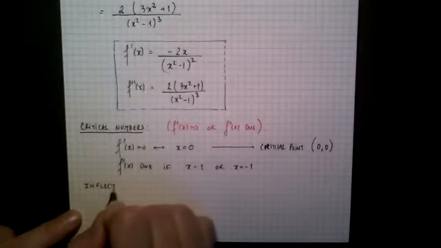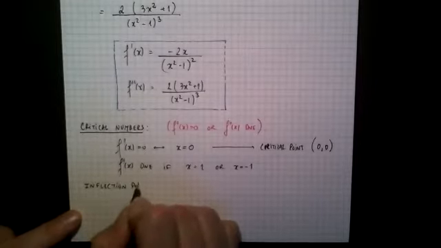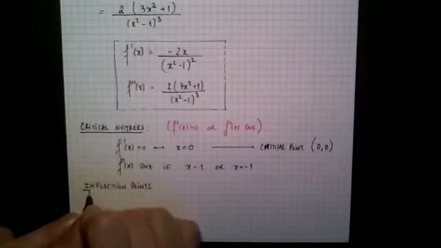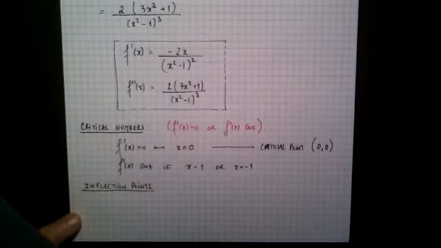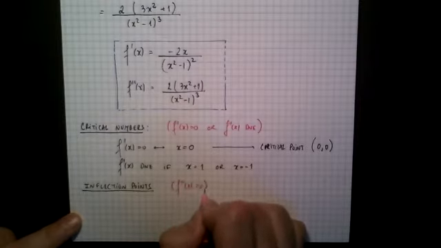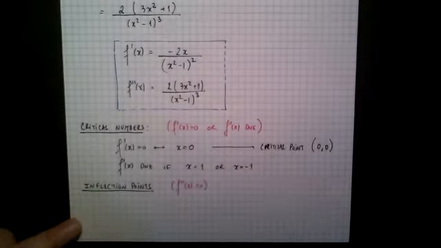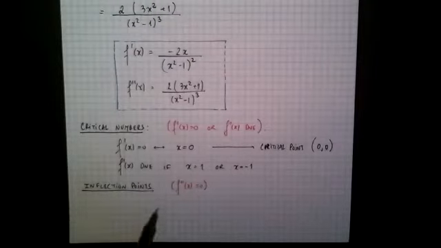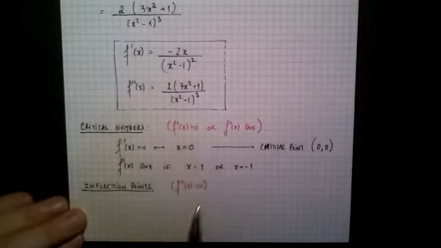Let's find the inflection points. These happen when f double prime of x is equal to 0, which means when this is 0.